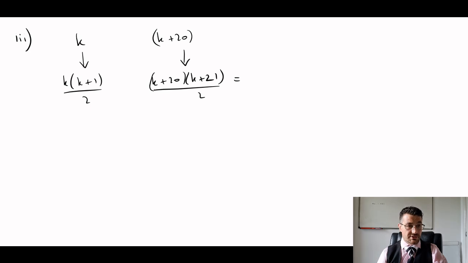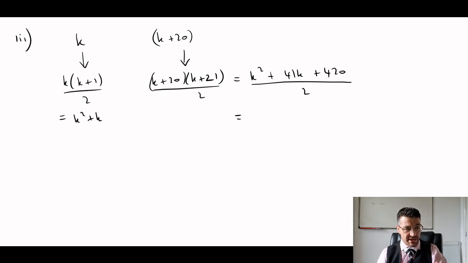This in turn is equal to, what did I get? k squared plus 41k plus 420 over 2, but I was always looking to do a similar kind of thing to what I did in the previous part. Remember, this was equal to k squared plus k over 2. Well, it turns out that this is also equal to k squared plus k over 2, plus 40k plus 420 over 2, which is 20k plus 210.